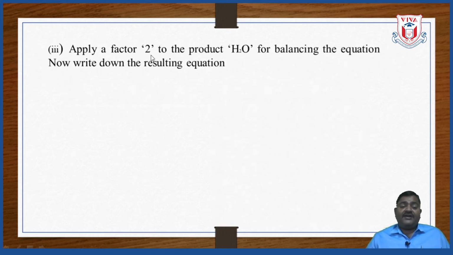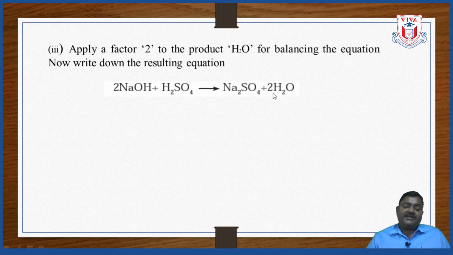Now after applying a factor of 2 to the H2O for balancing the equation, we get this equation. Now here we can see 2 sodium, 2 sodium. Oxygen, this 2 plus 4, that is 6 oxygen. On this side 4 plus 2, that is 6 oxygen.